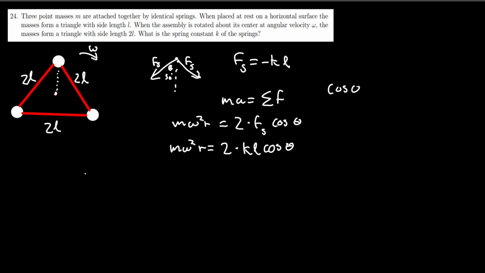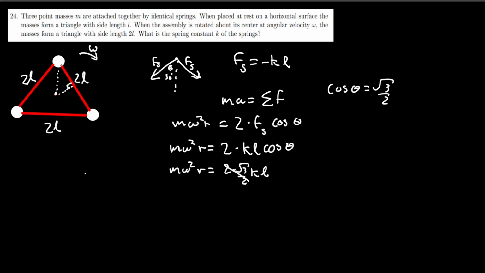Cosine of theta is equal to root 3 over 2 because theta is equal to 30 degrees. So m omega squared r is equal to 2 times root 3 over 2 times kL. We have to now figure out what exactly r is, so I'm going to go to this diagram and draw a right triangle right here.